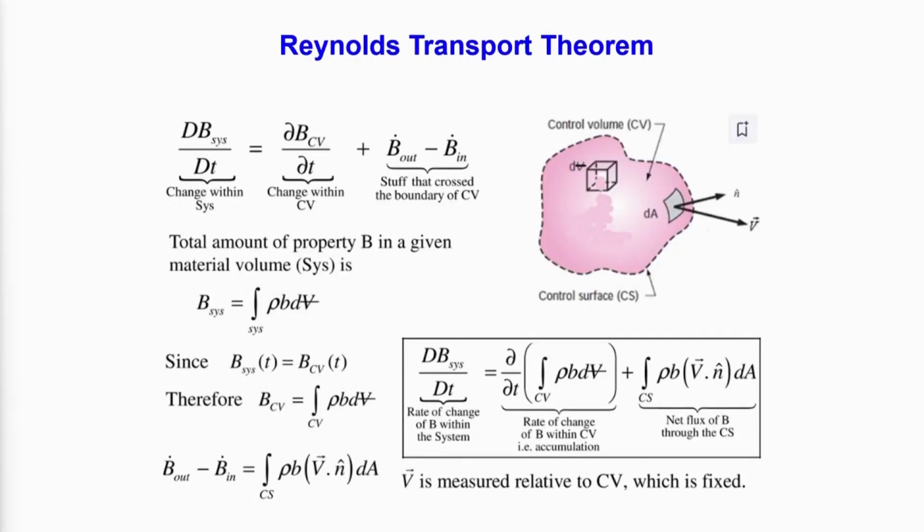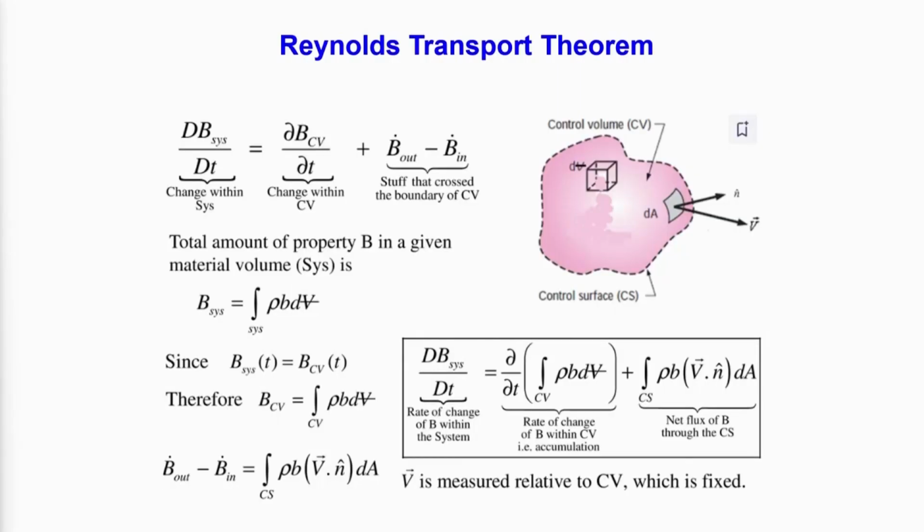So, the volume flow rate is the velocity in the normal direction times the area. V dot n into dA is volume flow rate, that into rho density is the mass flow rate, and small b is per unit mass. So, whatever is the last term, that is giving the net flow of the property B. V dot n is positive if it is outflow boundary and negative if it is inflow boundary. So, automatically that out minus in is taken care of by the dot product, so separately plus and minus is not written.